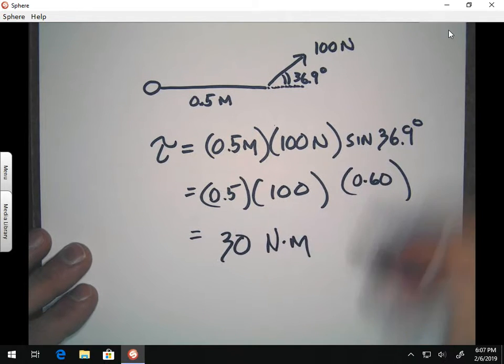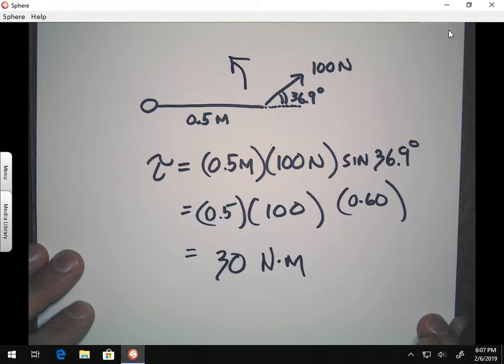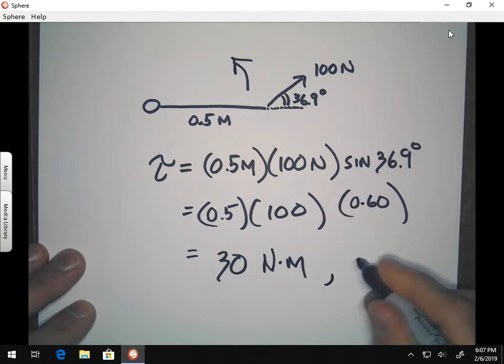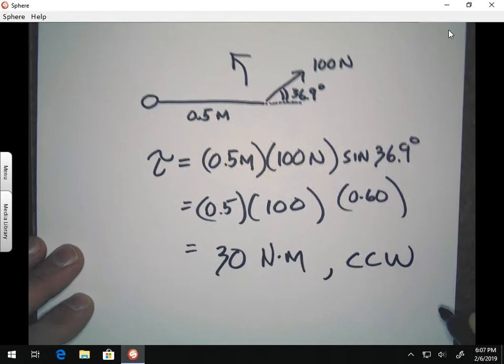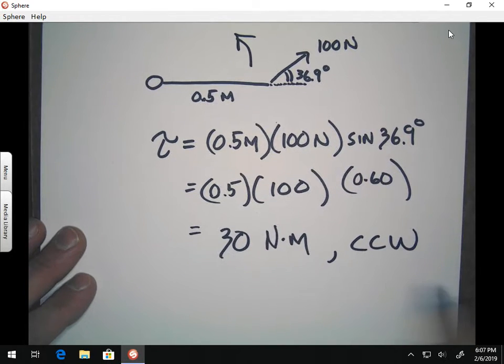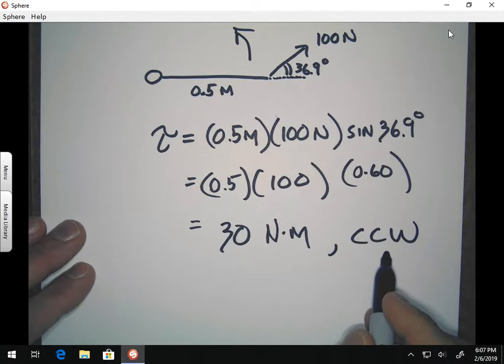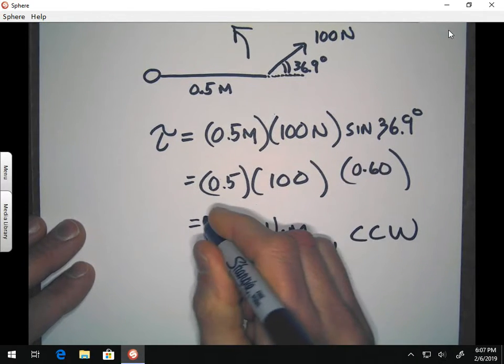And then I go back and I look at this and I would say, hey, that lever arm is going to rotate in the counterclockwise direction. And so I definitely want to write that down. Okay. By the way, I didn't say this the other day, but when a torque is counterclockwise, we make it positive.